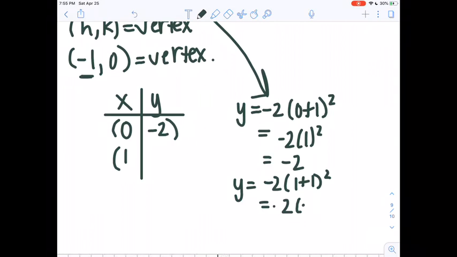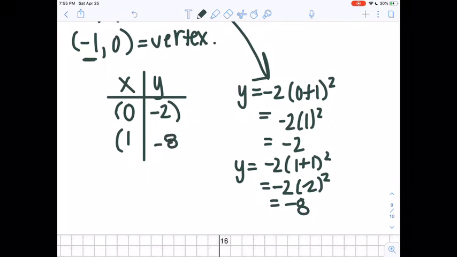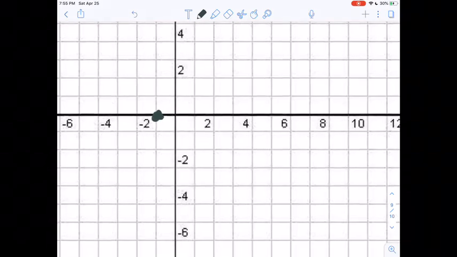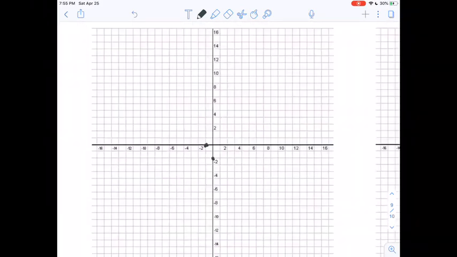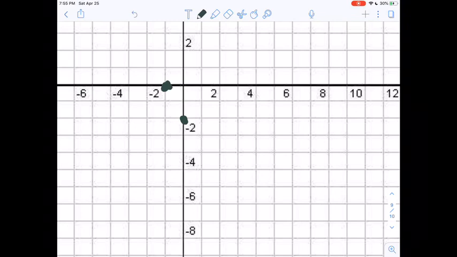So negative 2 times 2 squared, which is 4 times negative 2, so I get negative 8. Okay, I'm going to stop right there, and I'm going to plot those 2 points. So 0, negative 2, and 1, negative 8.